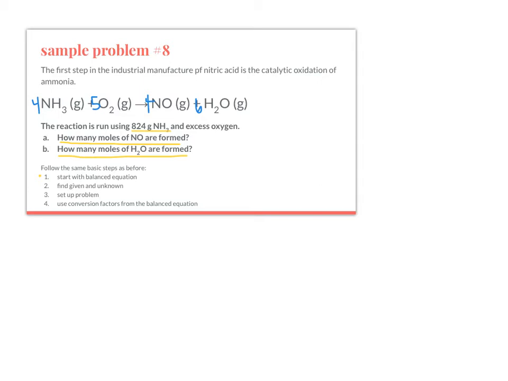This right here is our given, and these are our 2 unknowns. So this is going to be how you work out part A.